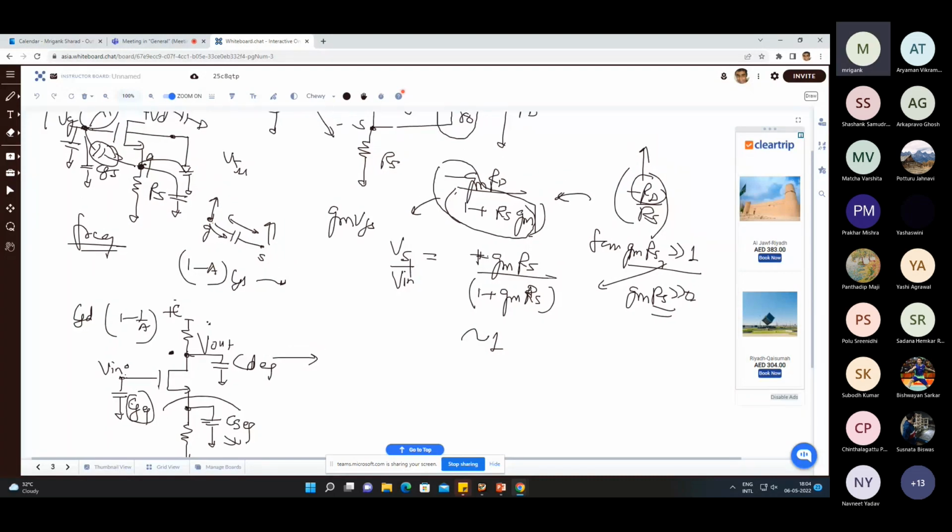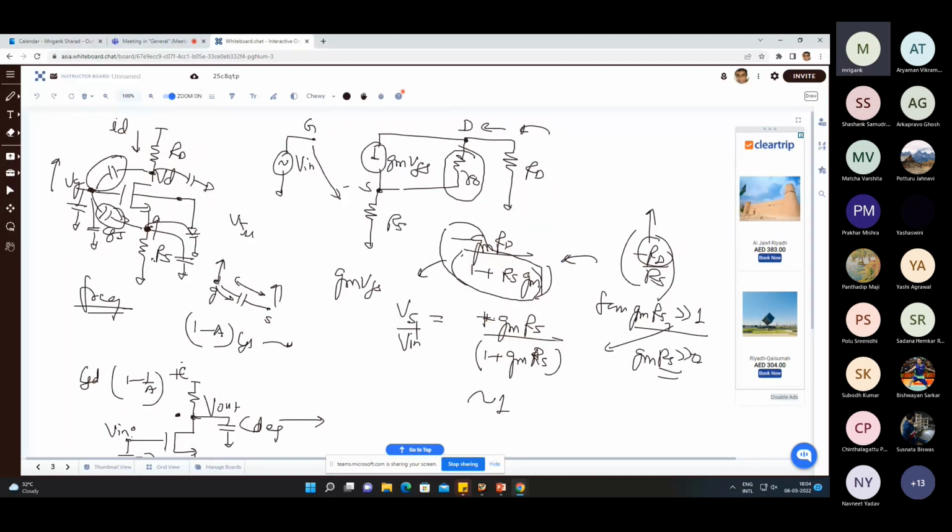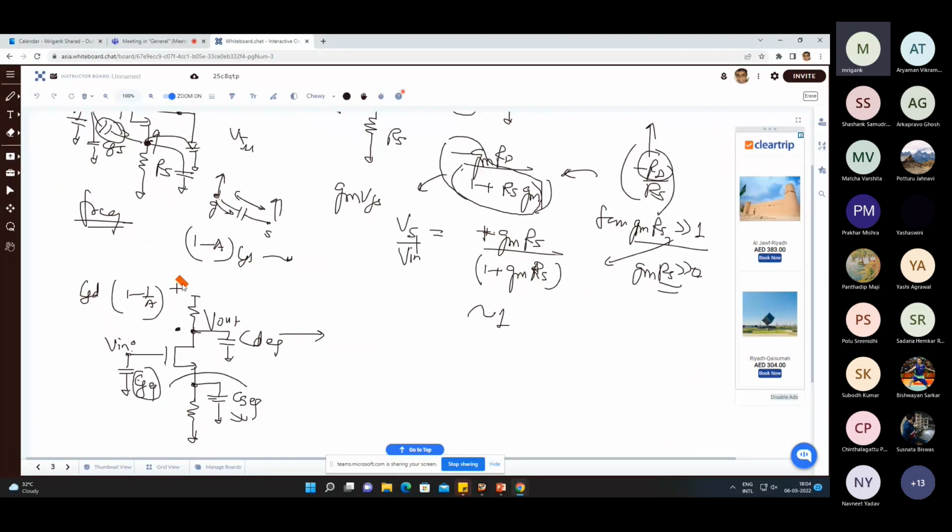So conceptually, even looking at the circuit, we can say which is the dominant capacitance or dominant pole out of these three capacitances. This one is going to be CGD times 1 upon 1 minus A, and then there's CDB, approximately this capacitance. Whereas this is CGD into 1 minus A, where A is minus this expression.